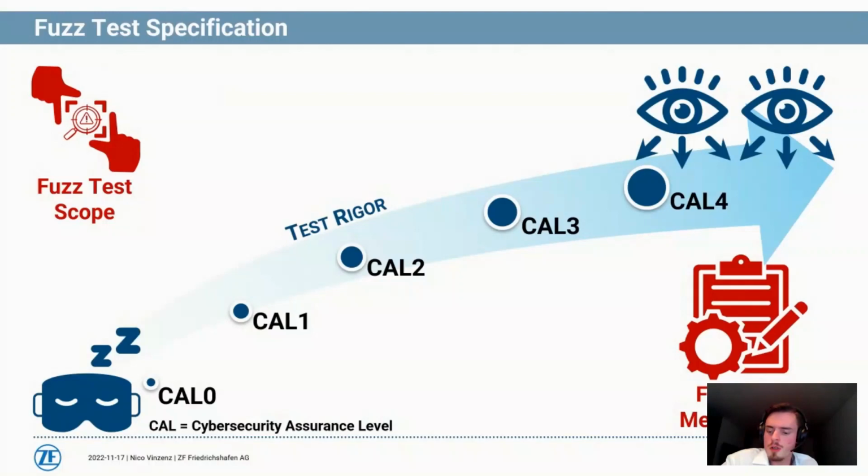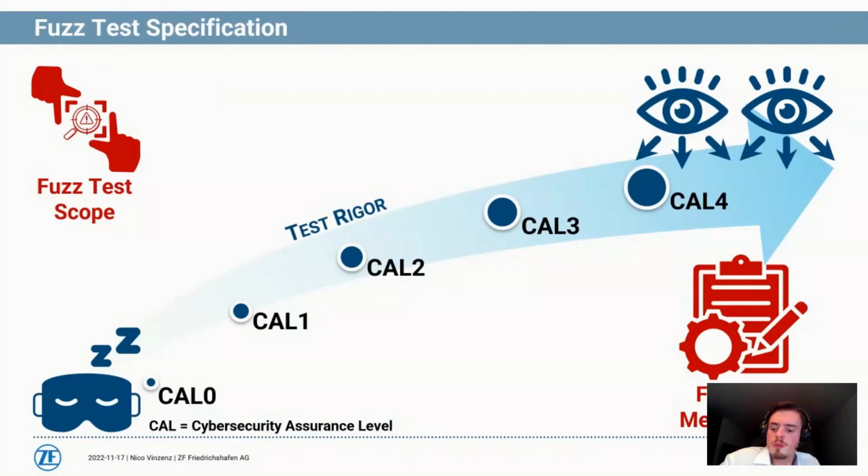And cybersecurity assurance levels are a helpful tool for doing that. As you can see plotted here, CAL 0 is basically the least rigor, the least assurance we need, up to CAL 4, which is for highly critical assets, meaning that we need more test rigor for assets or interfaces assigned to that.